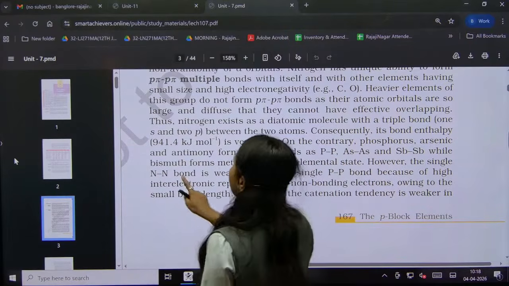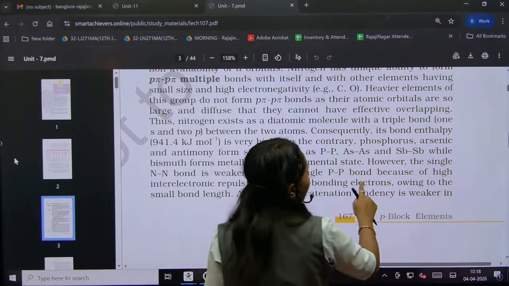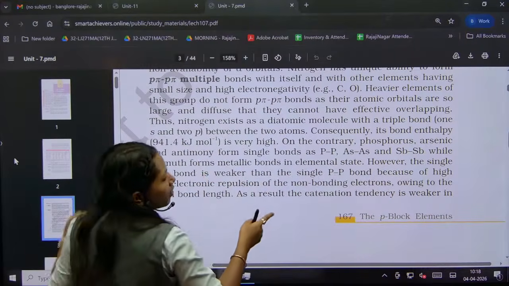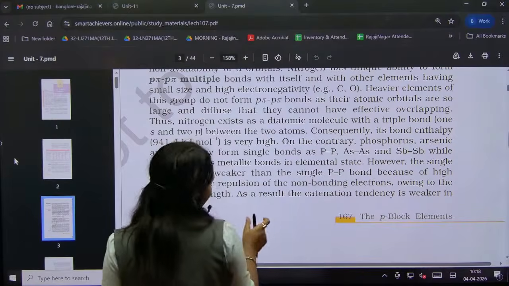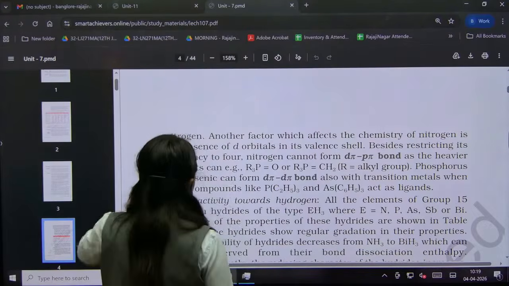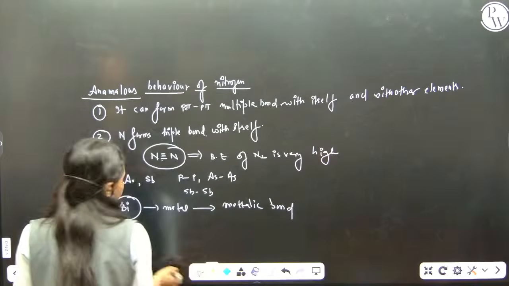The single N-N bond is weaker than the single P-P bond because of high interelectronic repulsion of the non-bonding electrons owing to small bond length. As a result, the catenation tendency is weaker in nitrogen. So what they have told here, let me explain.